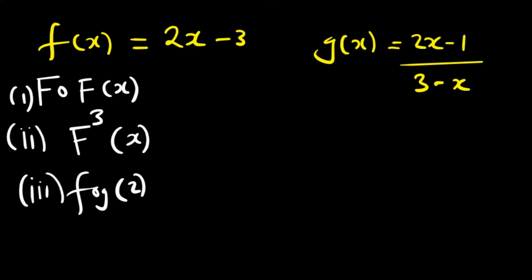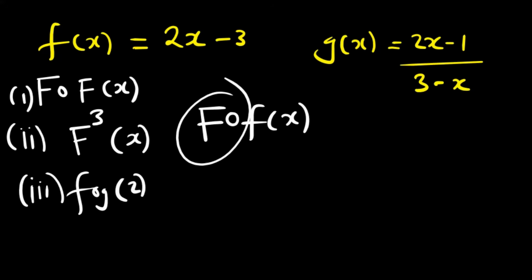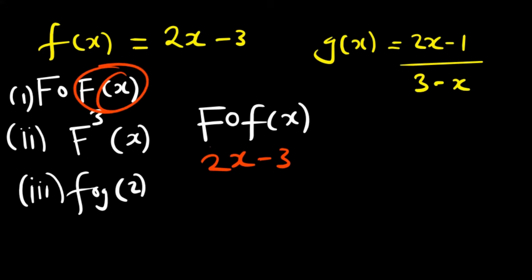What this means is that we get the function and replace it in the function. That's why these are composite functions. So let me first write this function, which is f of x, which is 2x minus 3. Then wherever there is x, I'm supposed to put f of x. Okay, f of x is still the same thing.